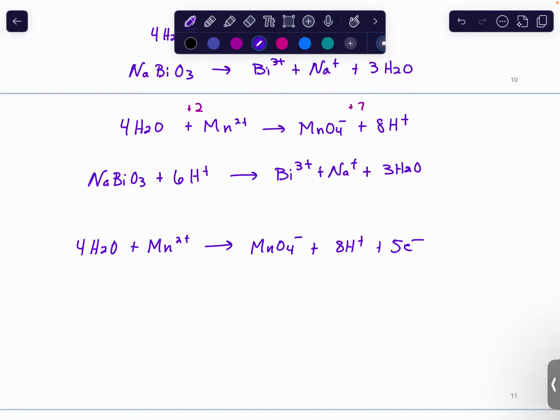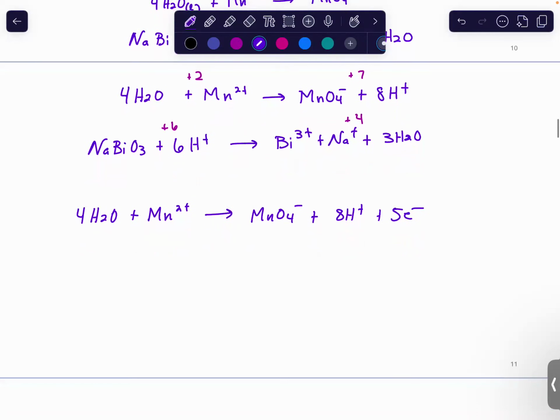What about the second equation? I have a +6 on this side, and +4 on that side. How do I balance those?